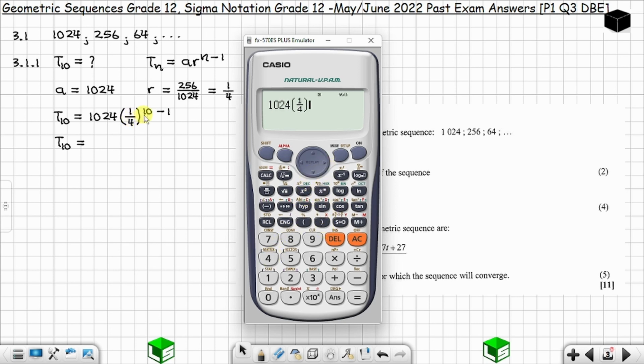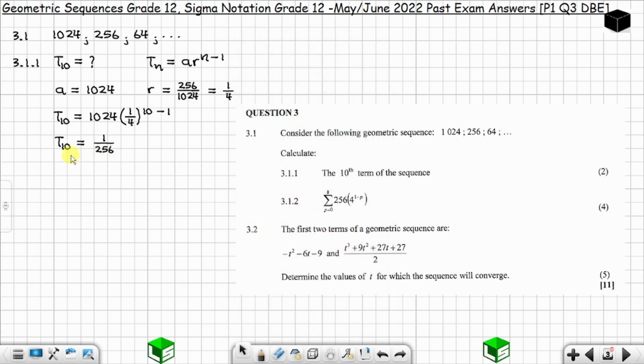This is to the power of 10 minus 1, which is 9, but let me put it as 10 minus 1. And what is the answer? The answer is 1 over 256. So this is T10, right? Now let's do the next question, which is 3.1.2.